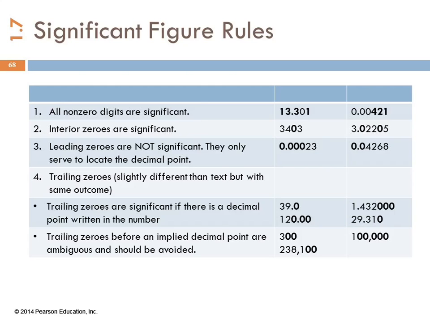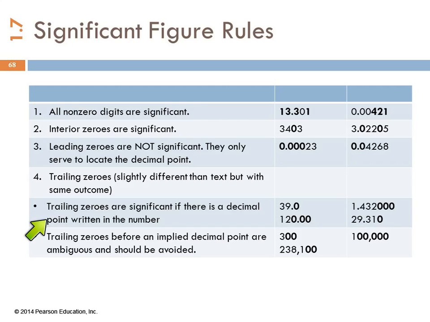And then trailing zeros. I think of trailing zeros a little differently than the textbook does. You'll come up with the same result. So if you like my way, awesome. If you like the book's way, fine. But it's my class, so I'm going to teach my way, right? So trailing zeros. What we're concerned with here is, is there a written decimal point?